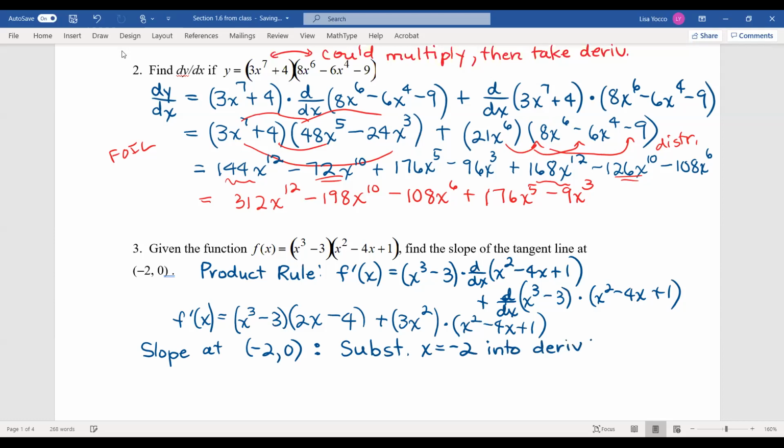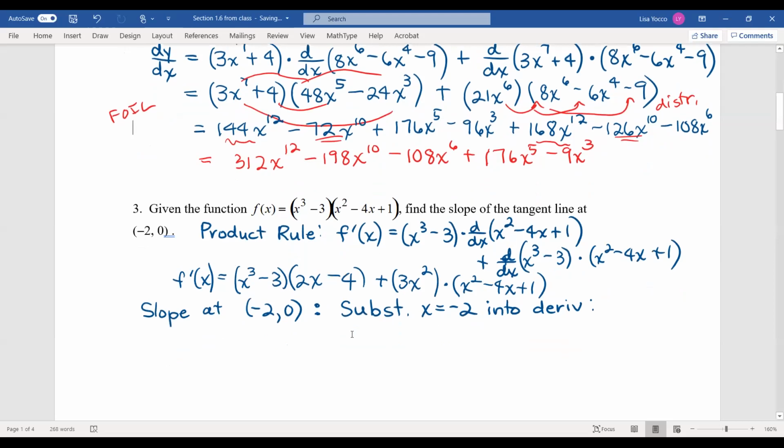So I'm going to elect to just substitute rather than do all that algebra. Let's just substitute the way it looks right now. So we'll say m for slope is the derivative evaluated at -2. That's what it looks like.